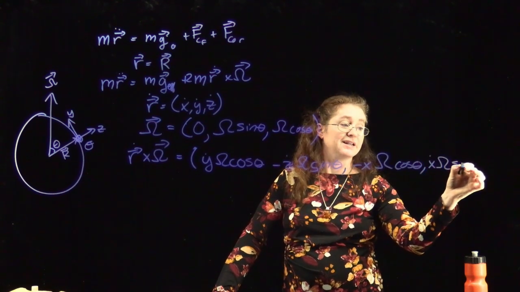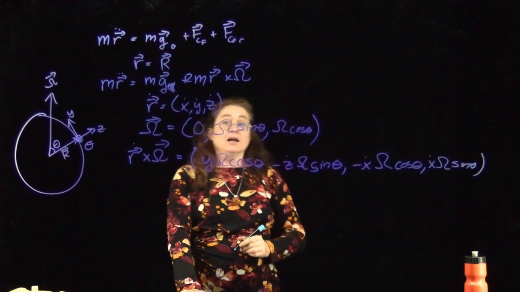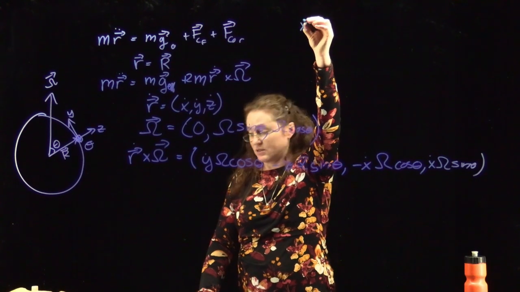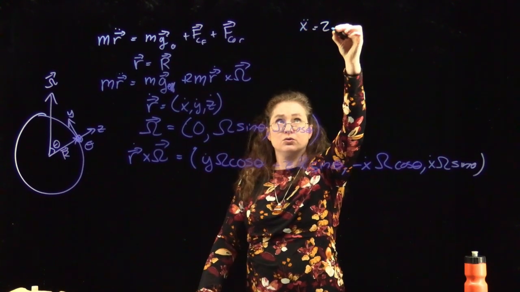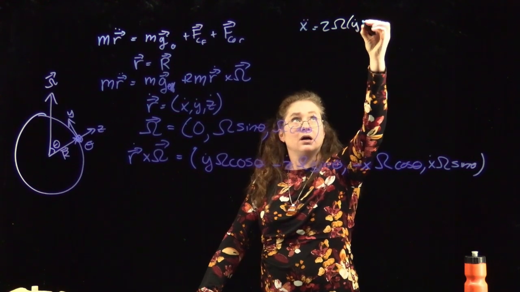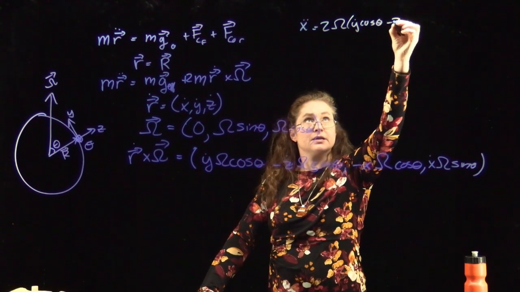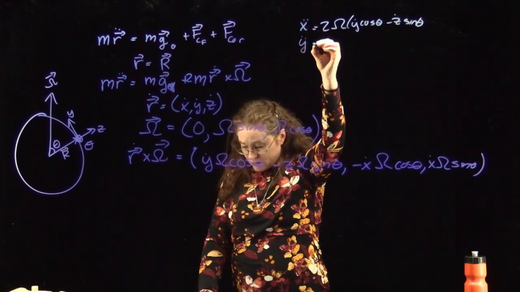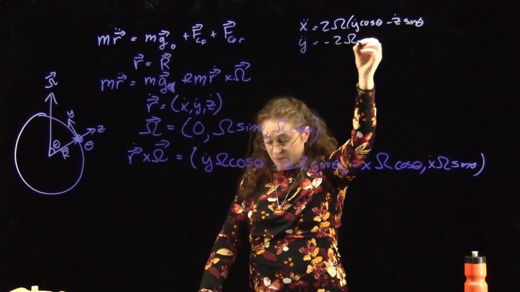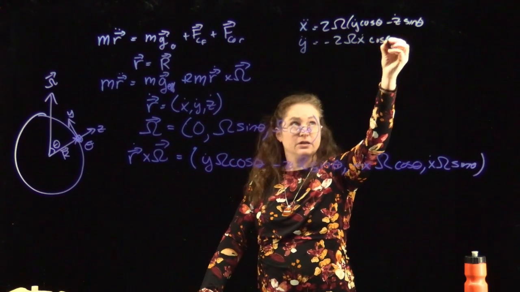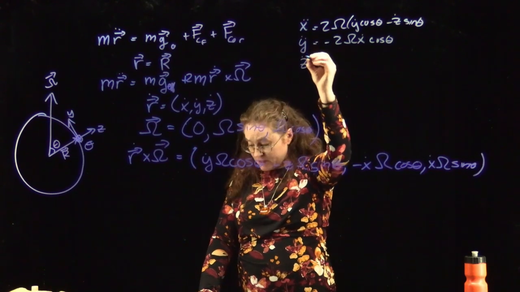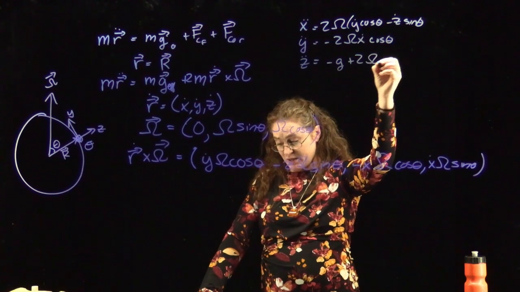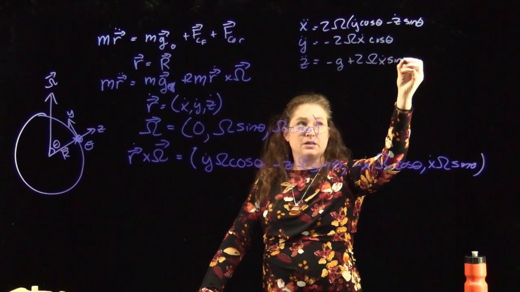So you get this, and we can translate that into x double dot equals 2 omega times y dot cosine theta minus z dot sine theta. y double dot equals negative 2 omega x dot cosine theta, and z double dot equals negative g plus 2 omega x dot sine theta.